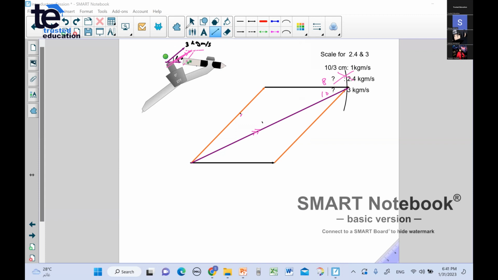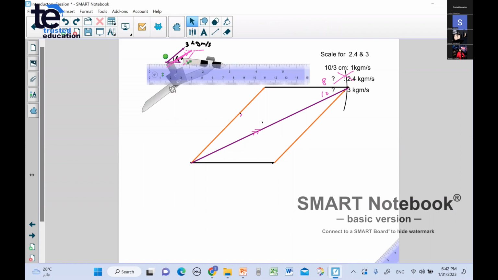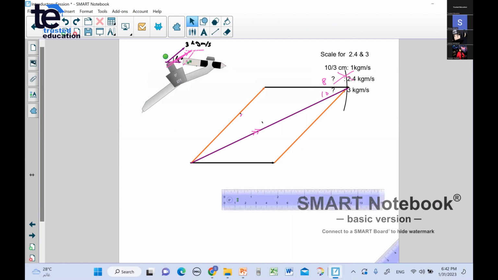The last step is to read or to measure. Take the measurement by using a ruler and measure this resultant.